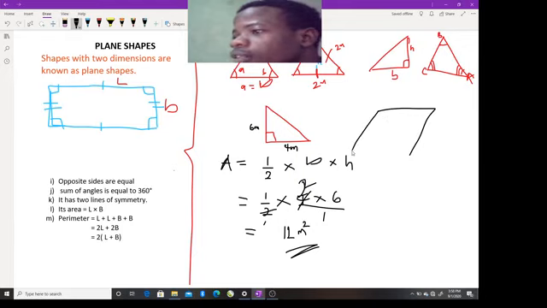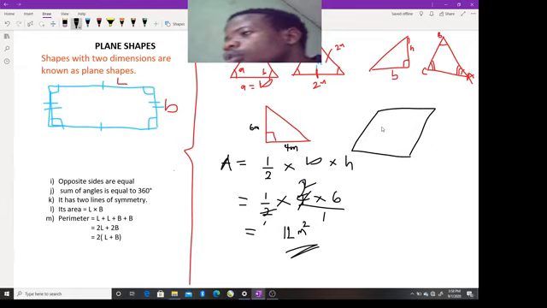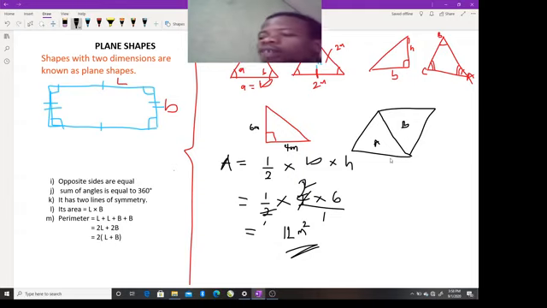So if you are having something like this as the parallelogram, if you divide this parallelogram into 2, you have 2 triangles. This triangle A, this triangle B. Yes or no? So that is why the area of the triangle is half of the area of a parallelogram, which is half base times height. Area of parallelogram is base times height, then area of triangle is half base times height. It is half of it.